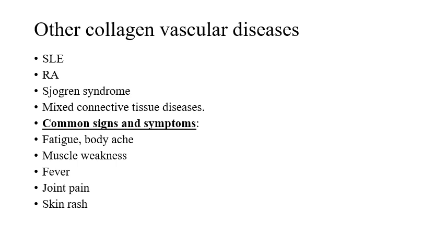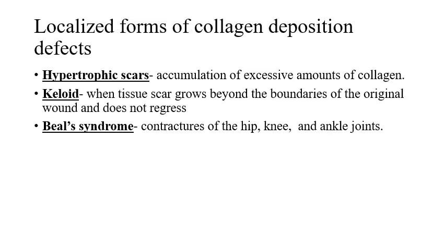So other collagen vascular diseases which are commonly seen are systemic lupus erythematosus, rheumatoid arthritis, Sjogren's syndrome, and mixed connective tissue disorders. And the common signs and symptoms associated with these disorders include fatigue and body ache, muscle weakness, fever, joint pain and skin rash. Localized forms of collagen deposition defects which are commonly seen include hypertrophic scars. Here there is accumulation of excessive amounts of collagen.